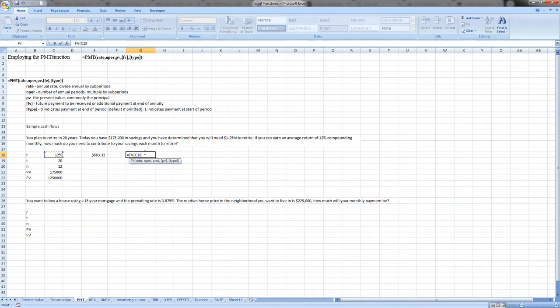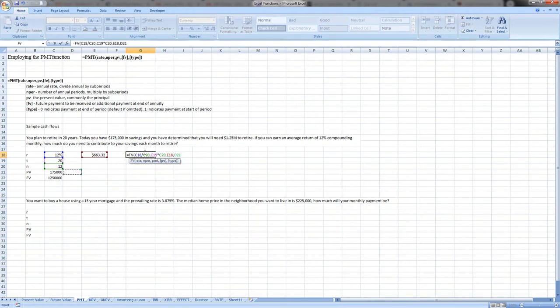We know our rate, our number of periods, and we have the payment. Now we could also indicate the payment as negative, but then the PV positive. Let's just leave it the way it is.